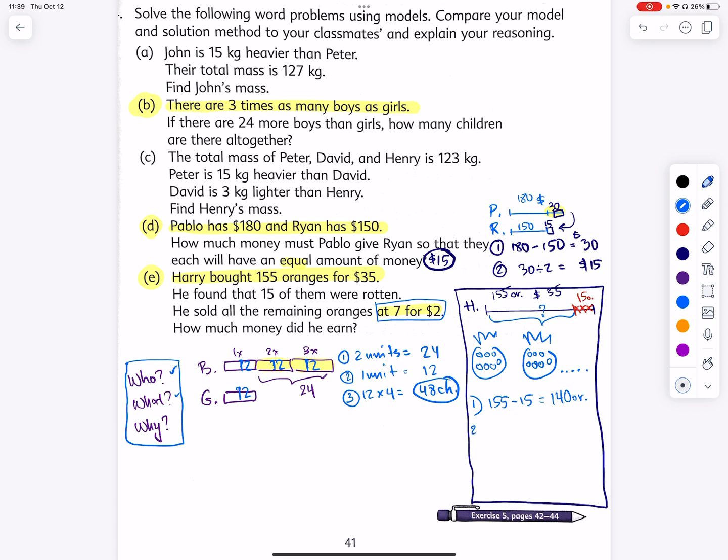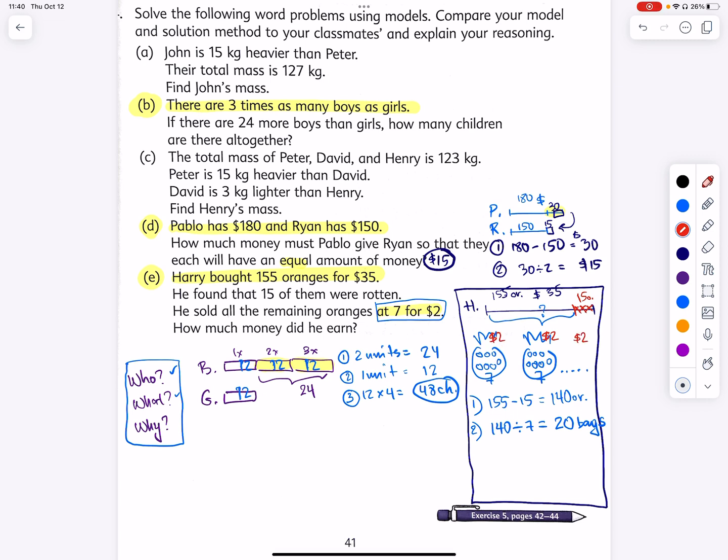He packed them into bags of 7. How many times 7 goes into 140? 140 split into groups of 7 gives you 20 bags. He created 20 bags. And what did he do with those 20 bags?